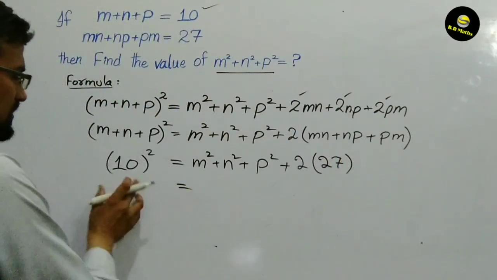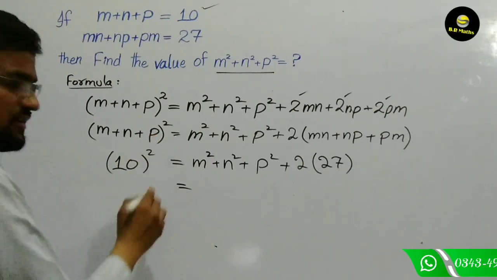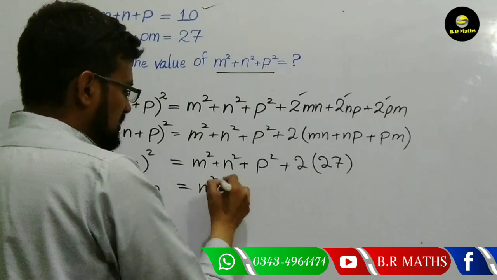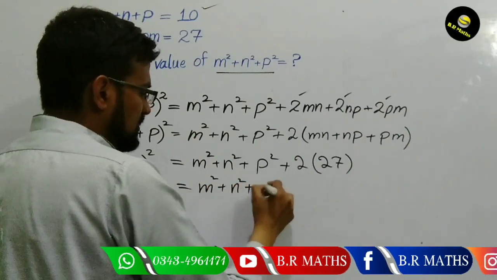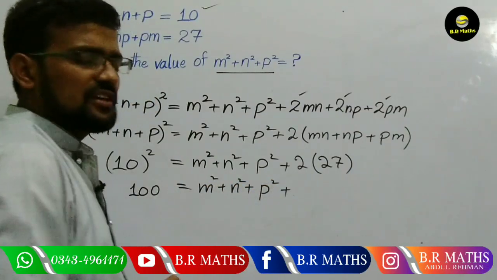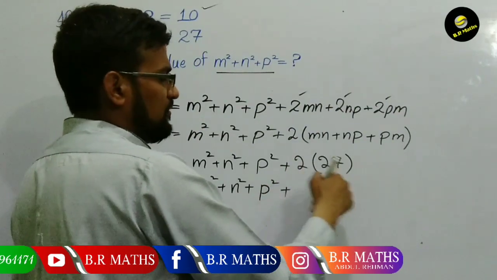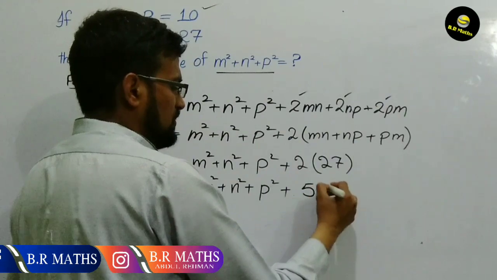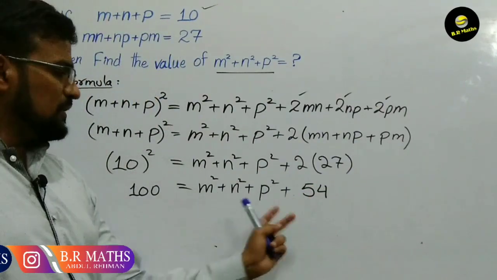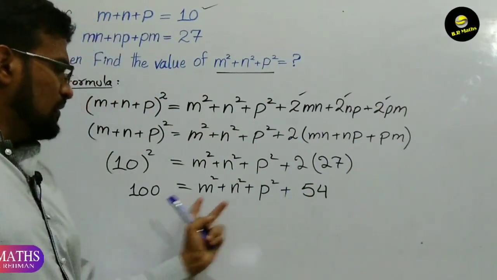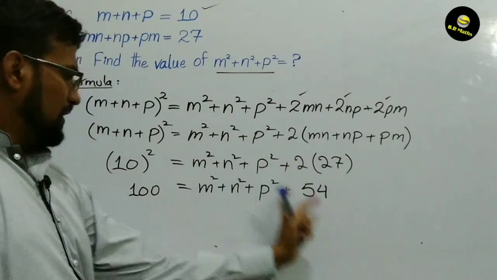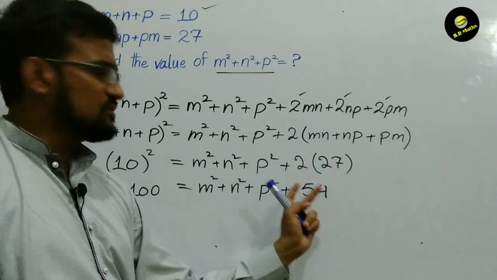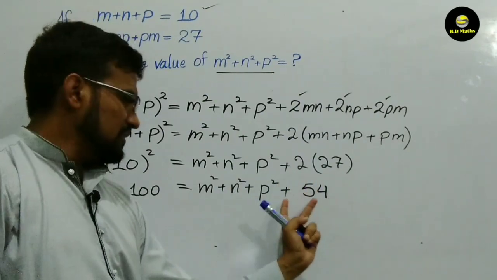See student, on the left side the square of 10 is 100, and m square plus n square plus p square remains the same, and 2 multiplied by this 27 gives the final result 54. So plus 54 moves from right to left, because we can find m square plus n square plus p square by separating this value.